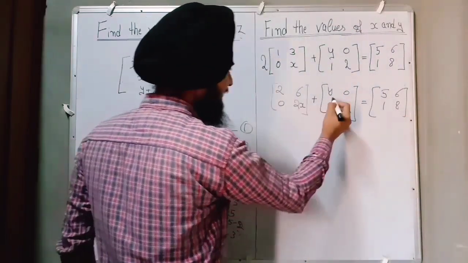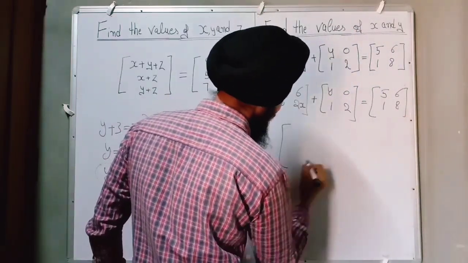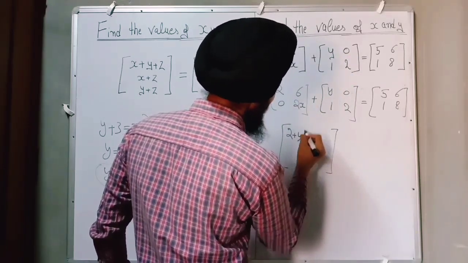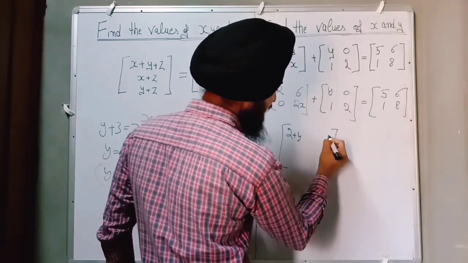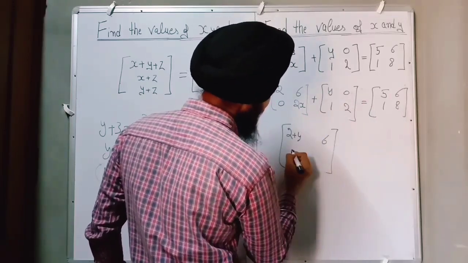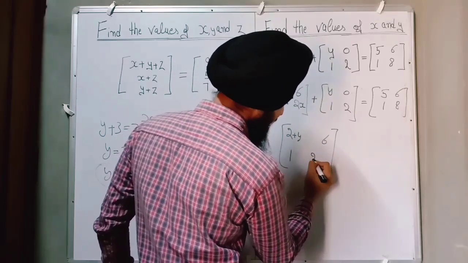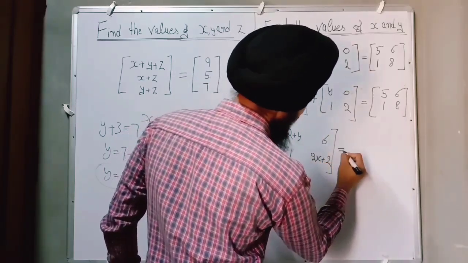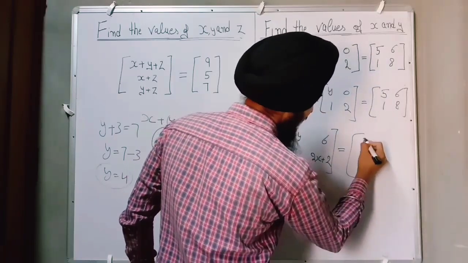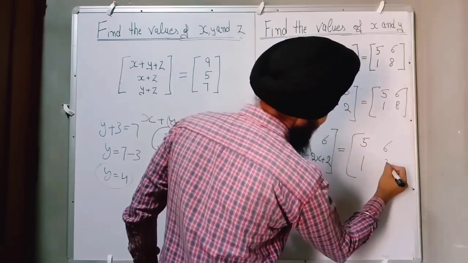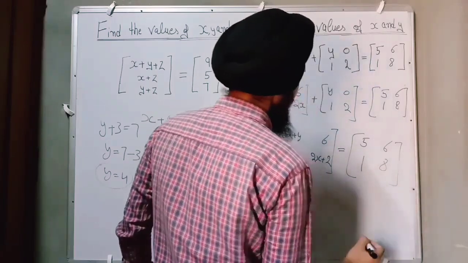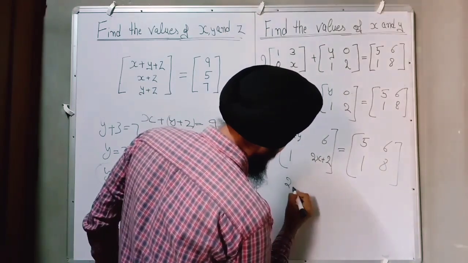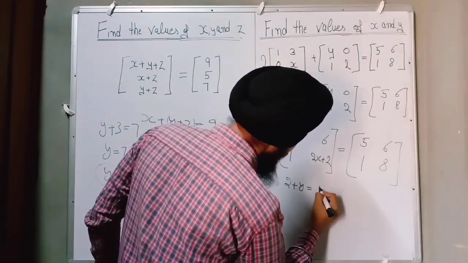Now add these elements. 2 plus y, 6 plus 0 is equal to 6, 0 plus 1 is equal to 1, 2x plus 2 equal to 5 1 6 8. The value of y: 2 plus y is equal to 5.